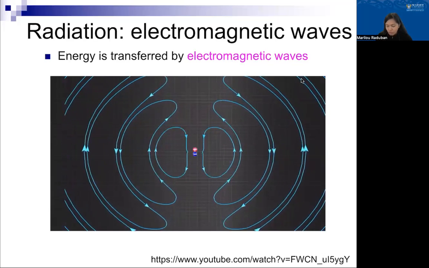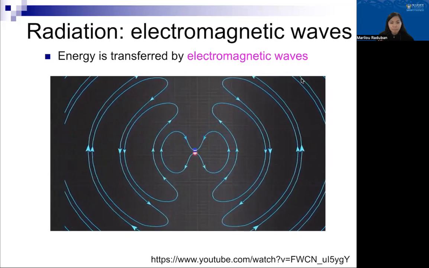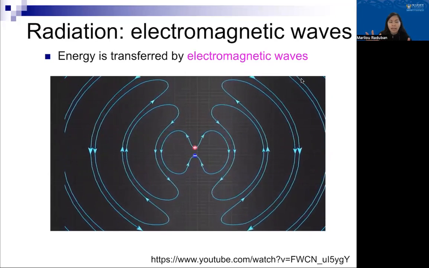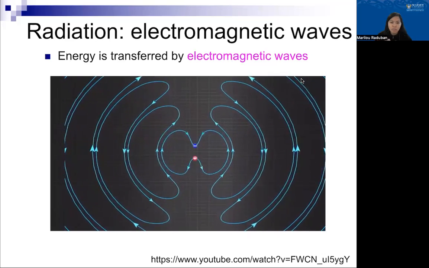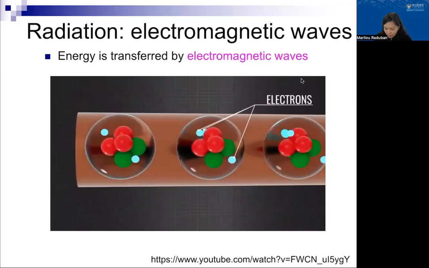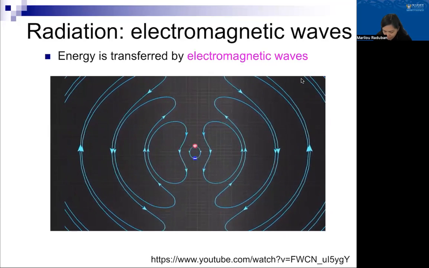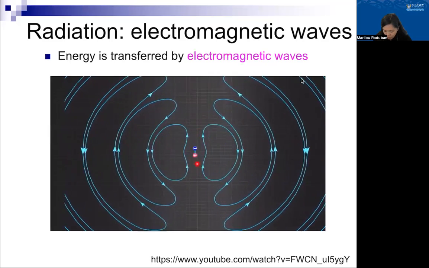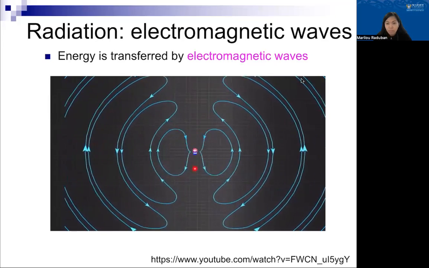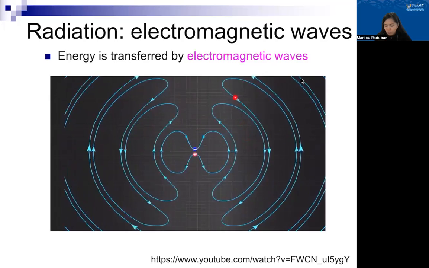These charges actually vibrate because nothing is frozen in time. So electrons and protons and atoms in a material or in an object, they vibrate. As these electrons and protons vibrate, they emit what is called electromagnetic waves.